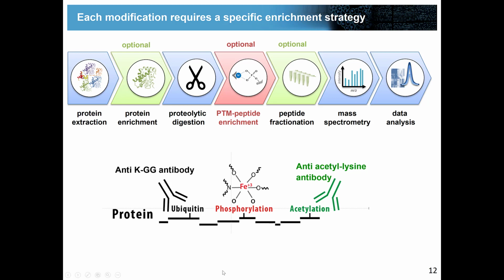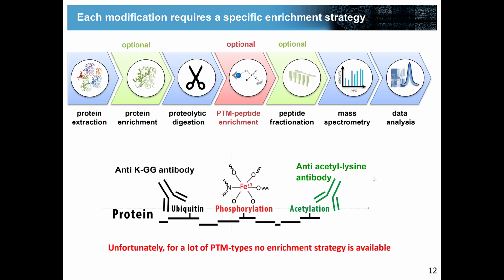Another standard PTM enrichment protocol is the enrichment of phosphorylation using either titanium dioxide or iron IMAC type of strategies. Or another good example is acetylation, enrichment of acetylated peptides, acetyllysine peptides, by again using an antibody that specifically recognizes these acetyllysine groups.